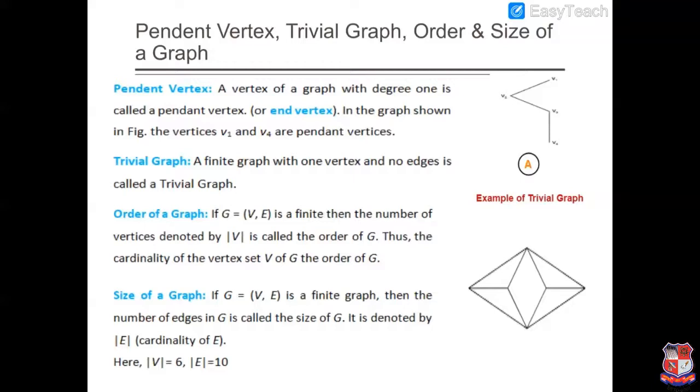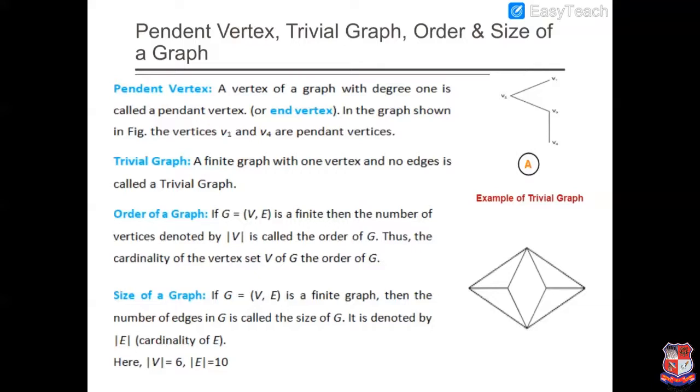The number of vertices, denoted by the cardinality of V, is called the order of G. Thus, the cardinality of vertex set V of graph G is the order of G. Now what is the size of a graph? If G equals (V, E) is a finite graph, then the number of edges in G is called the size of G. That means the number of vertices in G is called the order of G, and the number of edges in G is called the size of G, and it is denoted by cardinality of E.